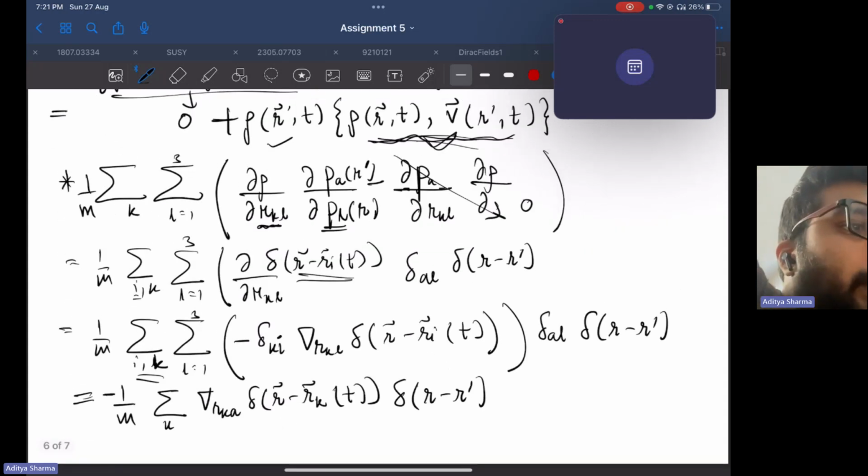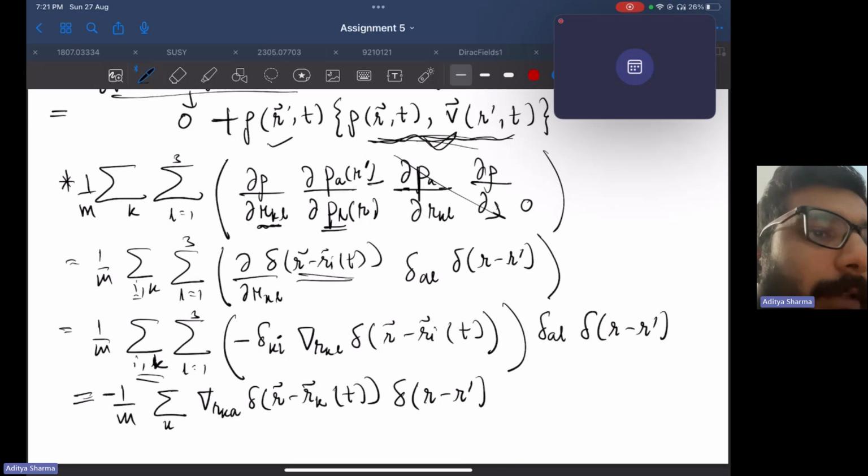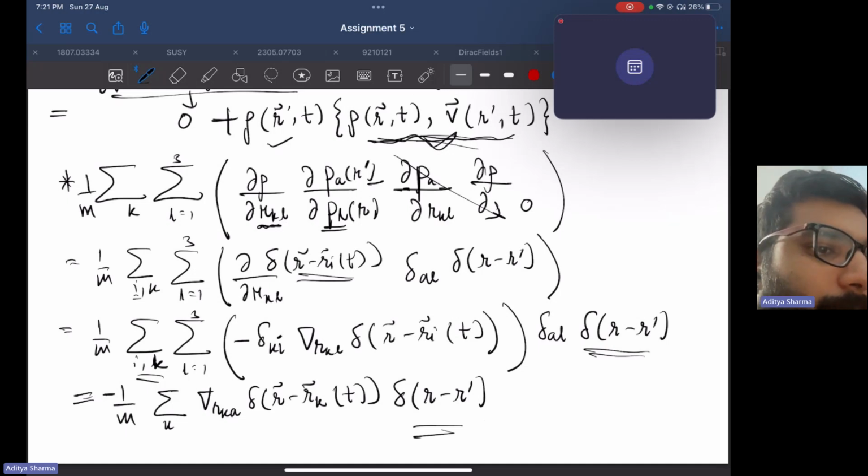Dirac delta of this thing is this. And we get a minus differentiate in this. And so we get this, and then we get this. Now I'm putting this here.